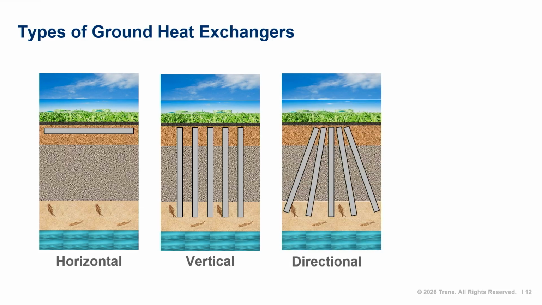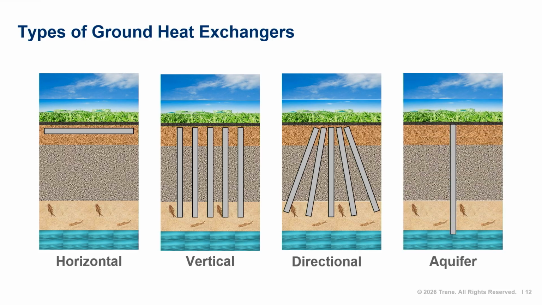Directional drilling can be applied to both horizontal and vertical ground heat exchangers. We'll touch on some scenarios where directional drilling could make sense. If local codes allow, underground water aquifers can be used as a heat sink and a heat source. Now let's look at some pictures to see what each of these ground heat exchanger types look like.